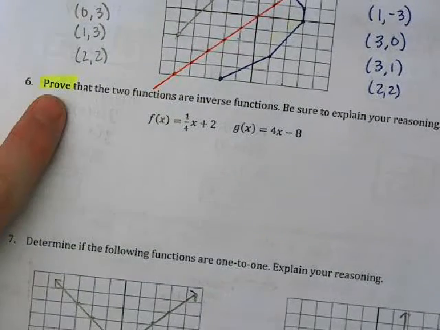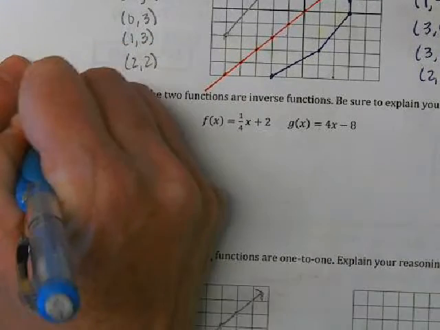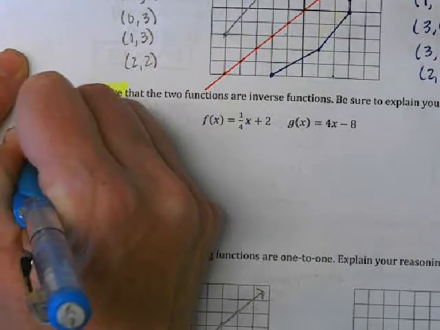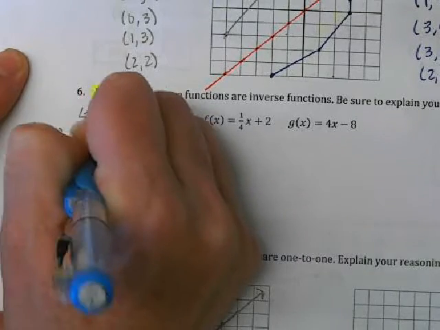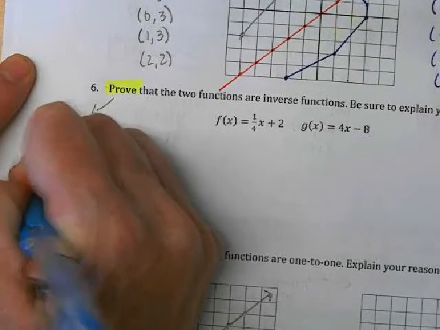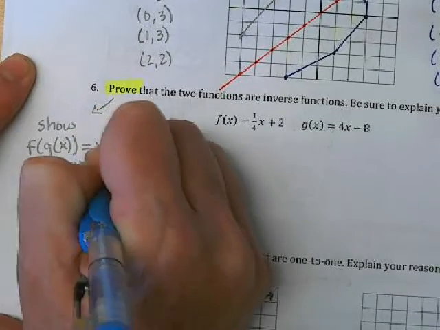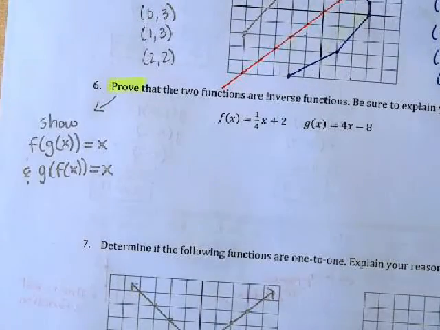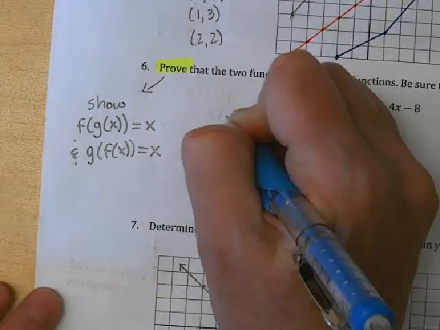So when you have to prove, you have to show that f of g of x is equal to x, and that g of f of x is equal to x. You have to do that part, and you have to label it so we can see what you're doing. I don't want to just see numbers all over the place.